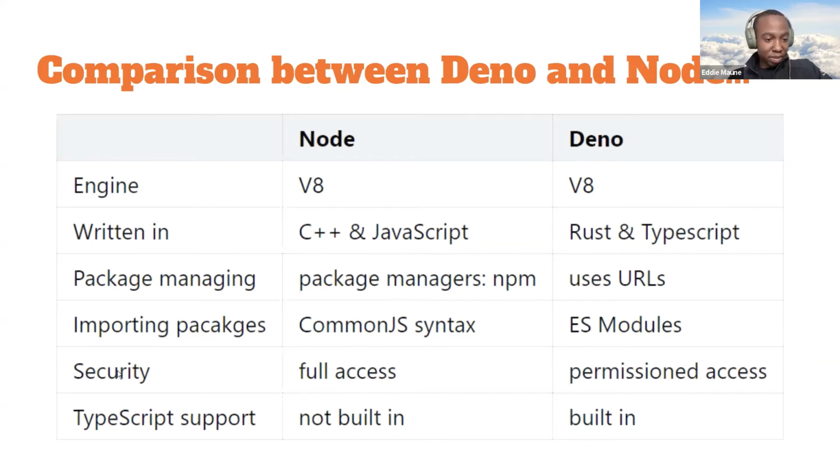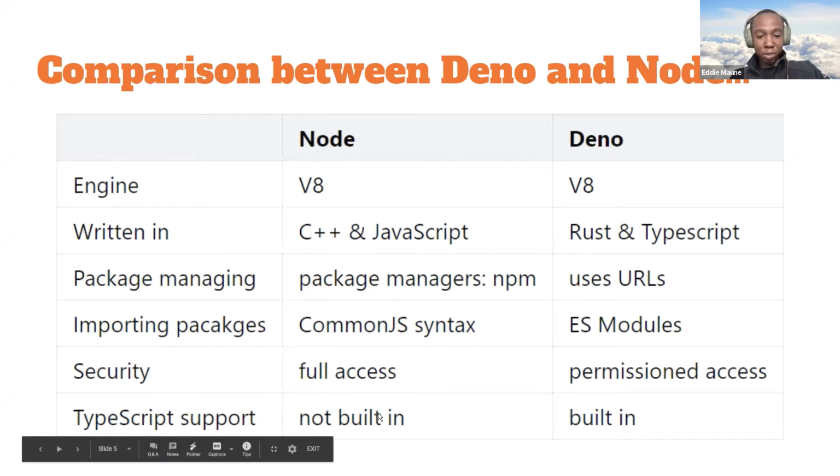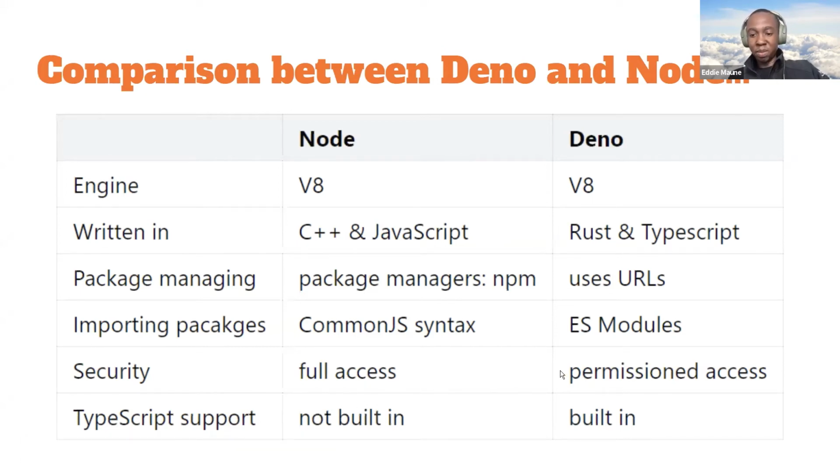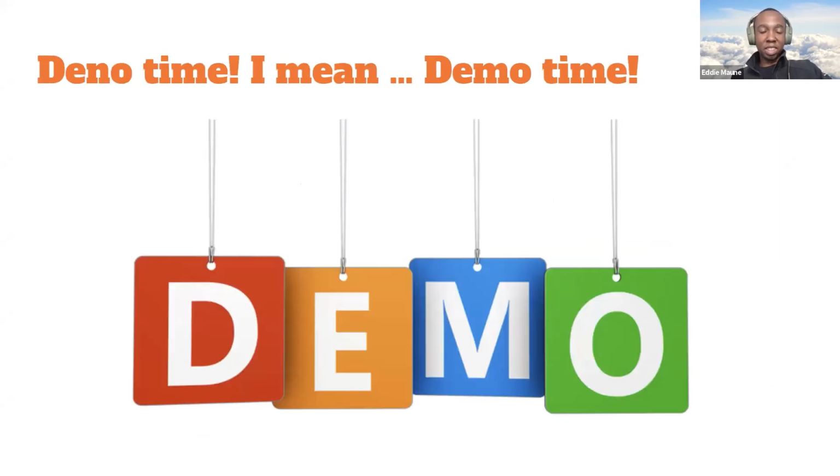With security, Node grants the code full access to all the resources on your machine, so Node code can basically do anything without your permission. With Deno, you need to grant permission, so it's permissioned access. And with Node, TypeScript support isn't built in, while with Deno, TypeScript support is built in. Okay, cool.